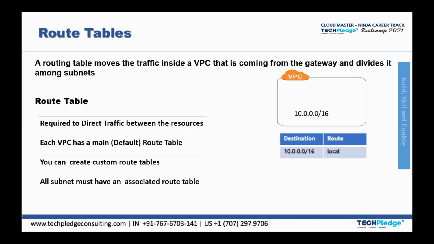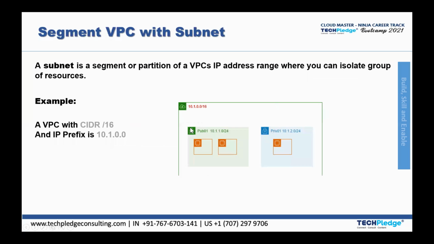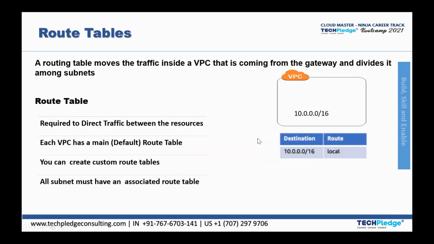Now, what are the advantages of using the routing table? It is required to direct traffic between the resources. In this first diagram, the EC2 instances are divided via the public IP. So this is saying that it is required to direct traffic between the resources.